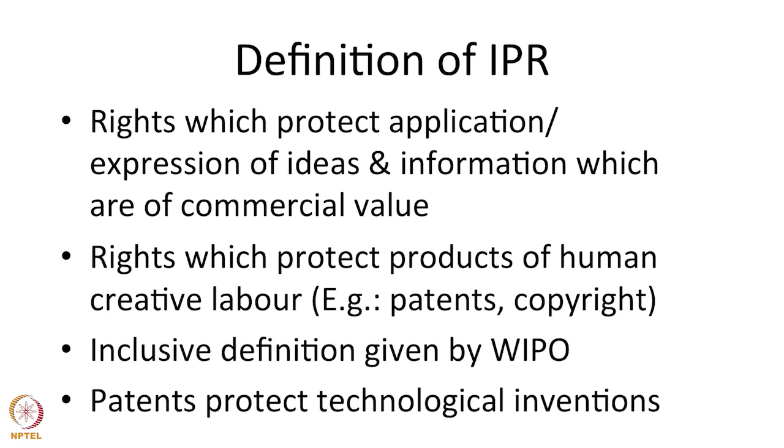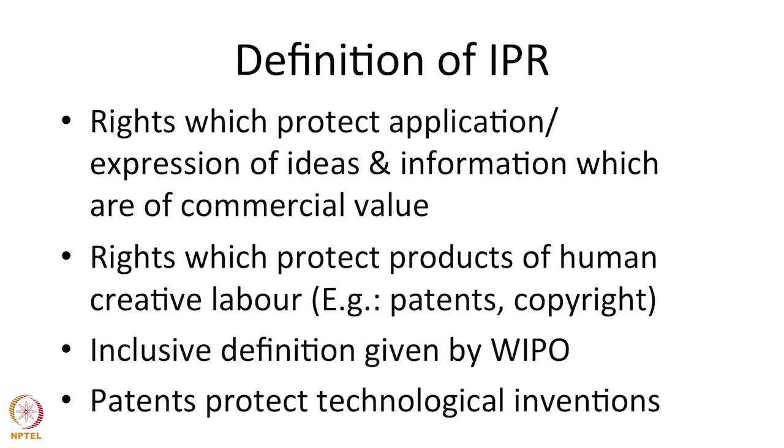For instance, the WIPO, which stands for World Intellectual Property Organization, is an international organization under the United Nations which deals with intellectual property rights. The WIPO has an expansive definition which is more like a grocery list. It includes many things under the ambit of intellectual property rights.